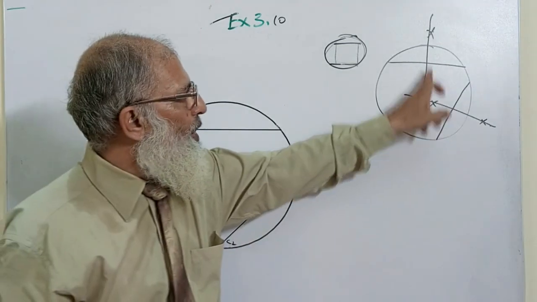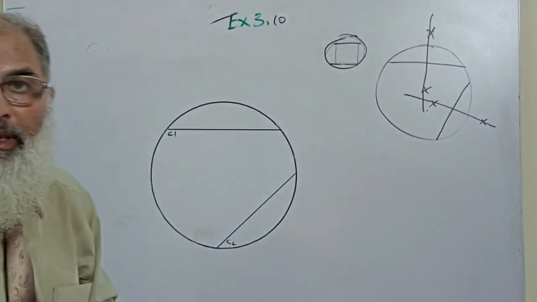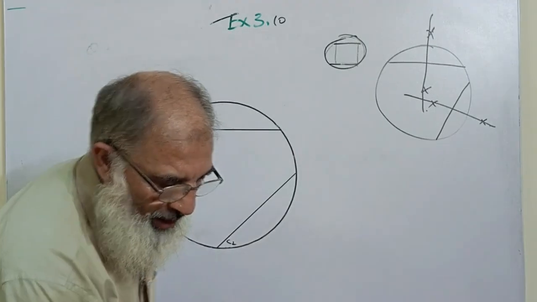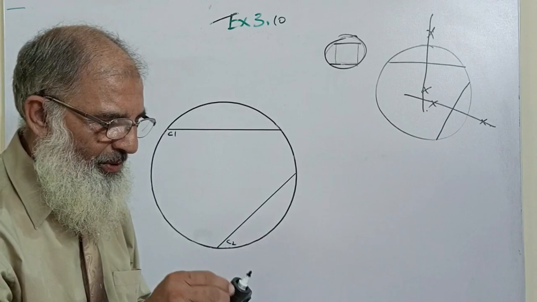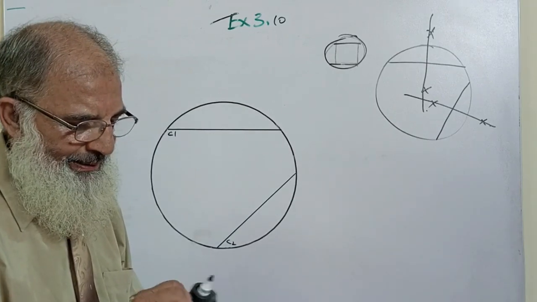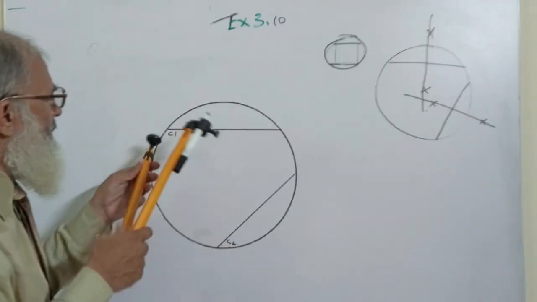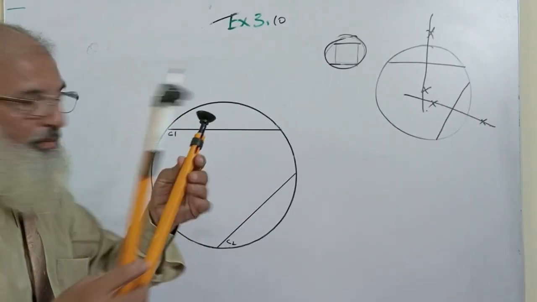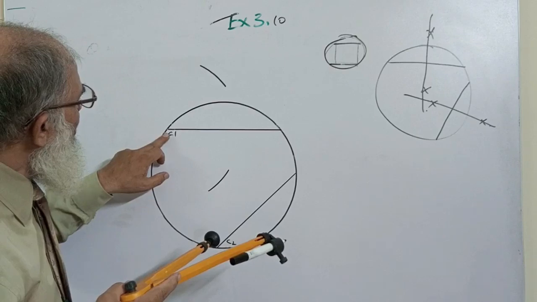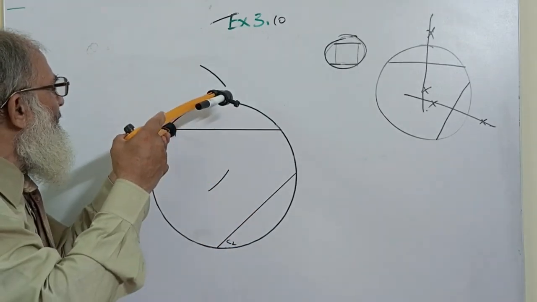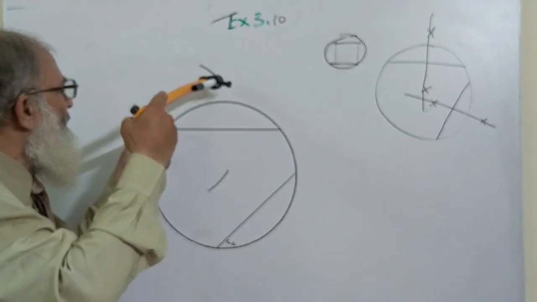And what we have to do is draw an angle bisector over here. How is the angle bisector done? It is very easy. My dear students, what will we do? We'll set the point of the compass over here.